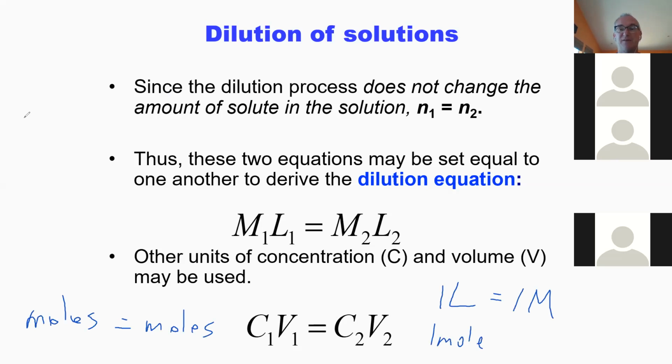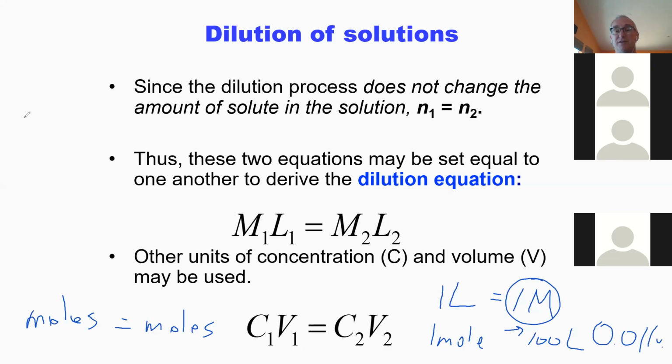If I dilute that to 100 liters, at the same number of moles, I just have a higher number of liters. So I've just changed the concentration from 1 to 0.01. It's exactly 100 times less. But the number of moles is always, always the same.